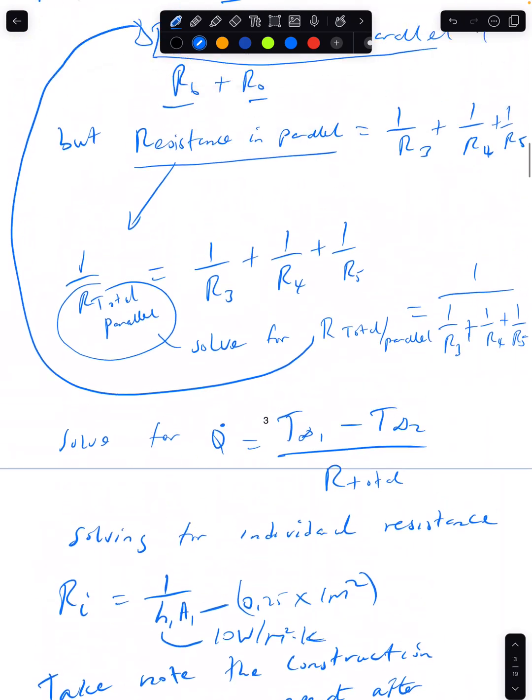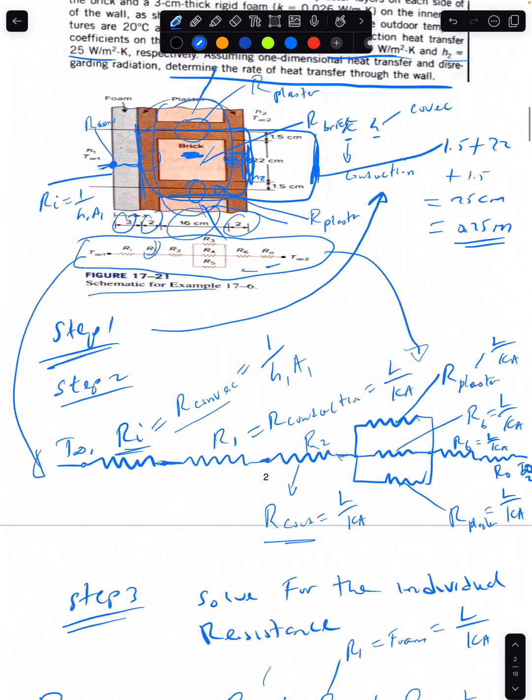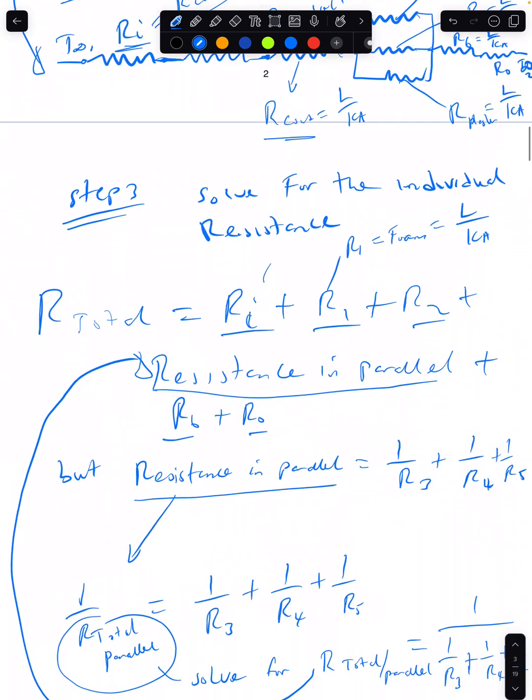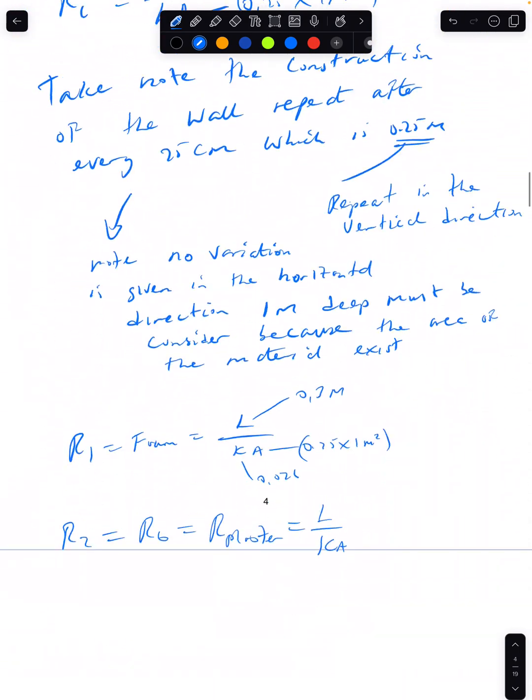So this is RO2, which is equal to RO6. So this is plaster and plaster. It is the same material, so I'm just simplifying.